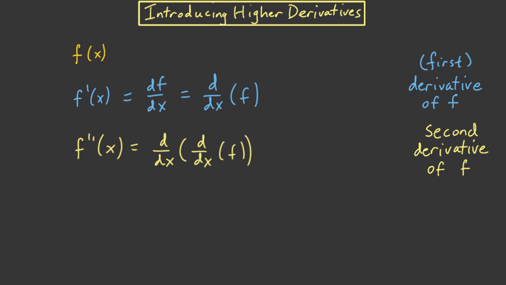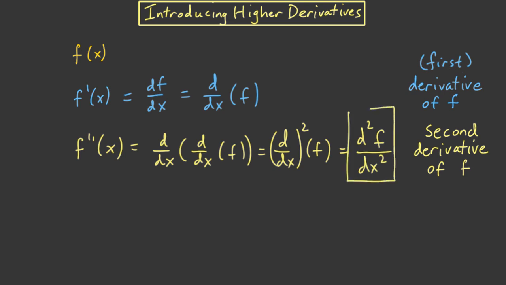And we can write that more compactly as quantity d over dx squared of f. We're just doing this thing twice. And then most people expand this square out, and they'll write d squared over dx squared f. So it takes a little bit of getting used to.